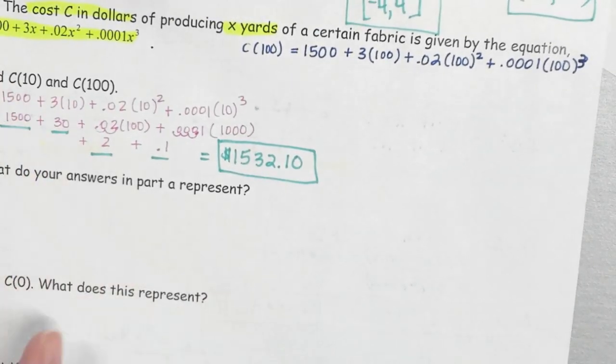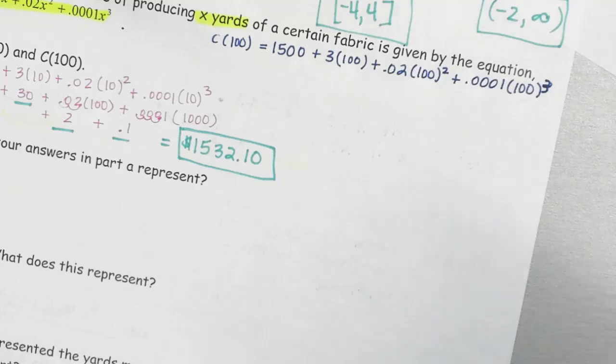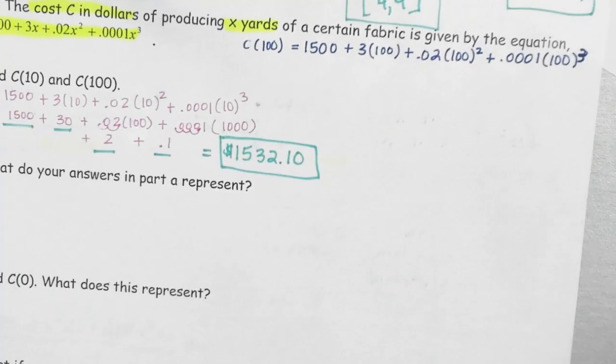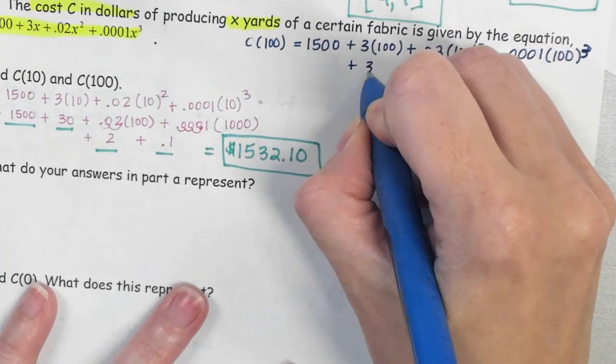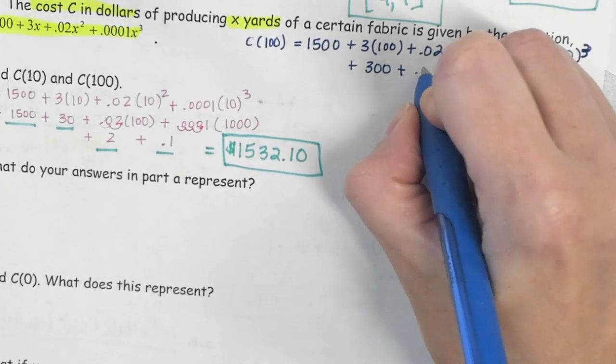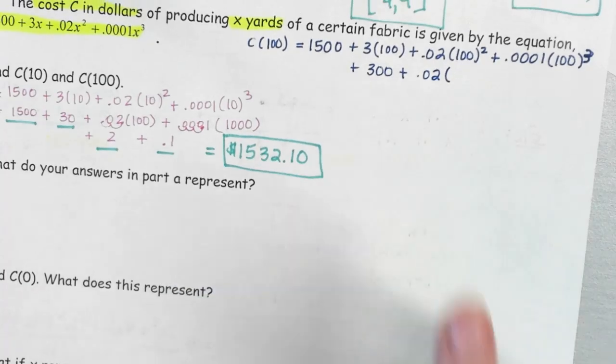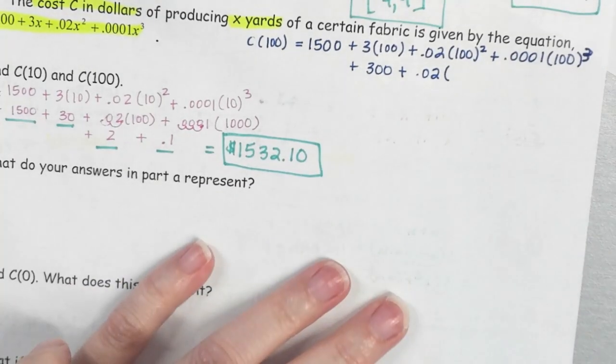All right, so let's do which ones of these we can do. So we can do 3 times 100. If you square 100, do you know what that does to the zeros? Remember when we had a 10, it was the number of zeros. This time it's just going to be double it.